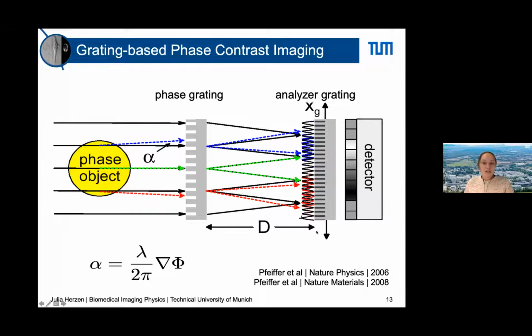Okay, in this case, the X-rays come from the synchrotron, so they are coherent and monochromatic. They are now forming this interference pattern, and this interference pattern is way too fine to be resolved by a standard detector. It has the same period as the phase grating, which is like 2 to 5, or maybe a maximum of 10 microns.